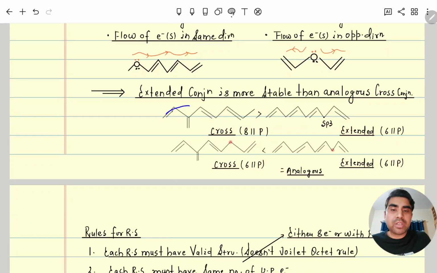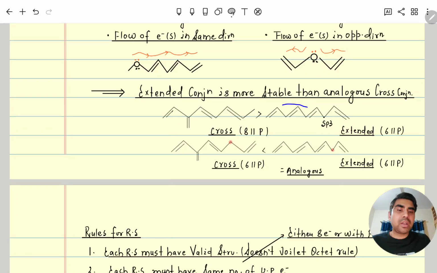Here in cross, you can see this is the cross: double, single, double. Here also double, single, double. Then after the double. So here, how many parallel p orbitals in total? Double, single, double, and double, single, double, single, double. Each double bond has 2, so in total 8 parallel p orbitals, meaning the electrons are flowing.